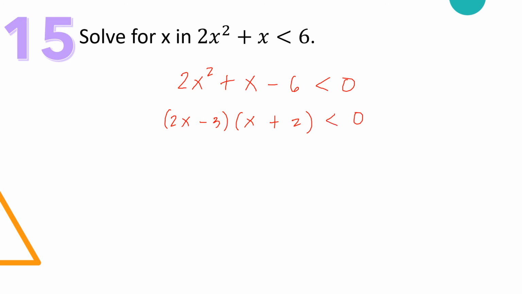The roots of the quadratic equation 2x minus 3 times x plus 2 equals 0 are negative 2 and positive 3/2. Hence, the solution to the inequality are all values of x greater than negative 2 but less than 3/2.